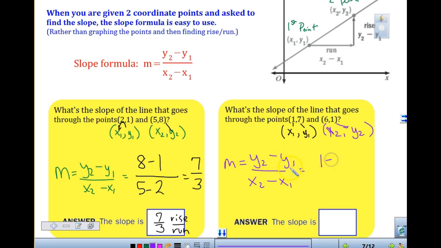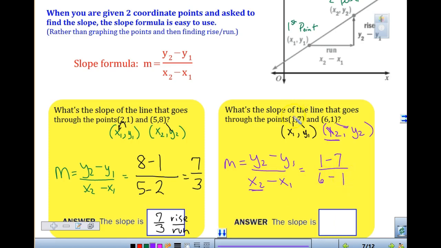Kira, what am I going to use for y sub 1? 7. So I have 1 minus 7. In my denominator, Dallas, what am I using for x sub 2? The 7 goes with y1. What is my x sub 2? Because I wrote it right below it. 6. So I'm going to put 6 minus, Isaac, what is my x sub 1?